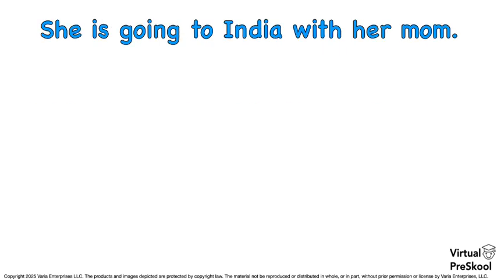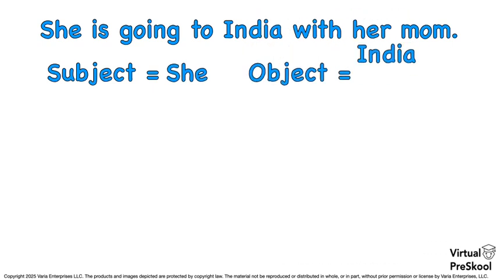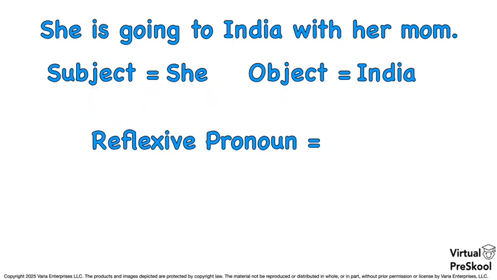So here's an example. She is going to India with her mom. What's the subject? She. What's the object? India. What's the reflexive pronoun? Her. Do you see how her refers back to she?